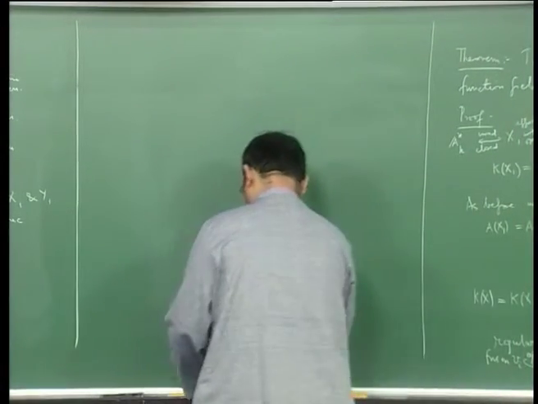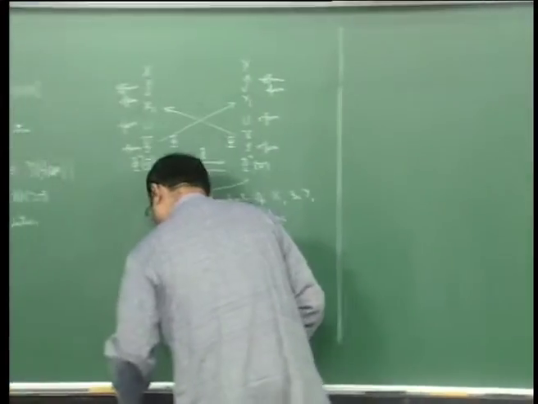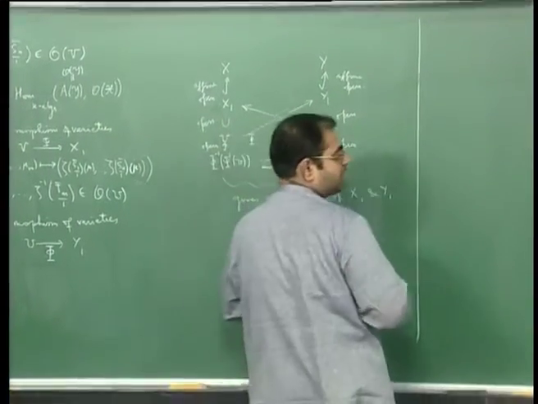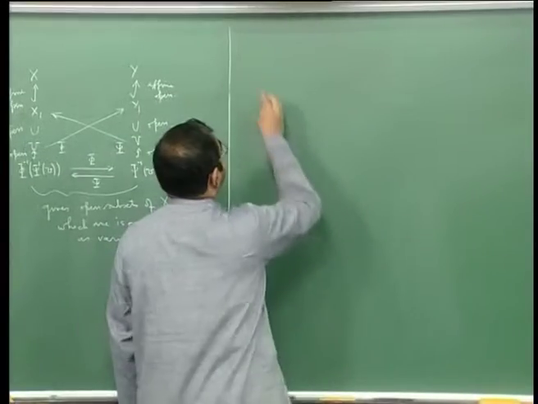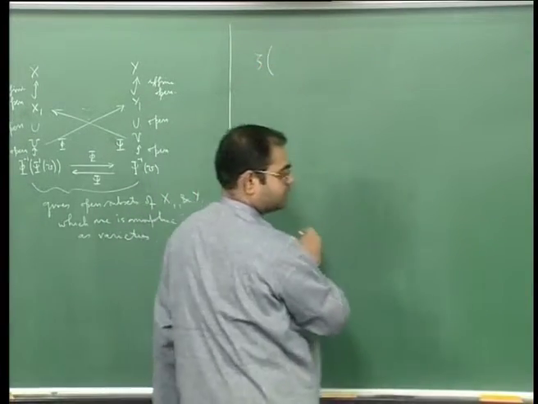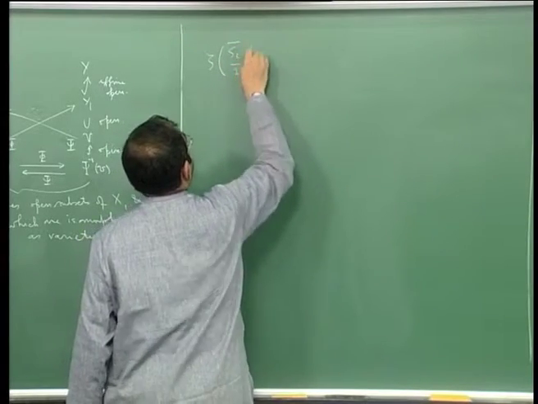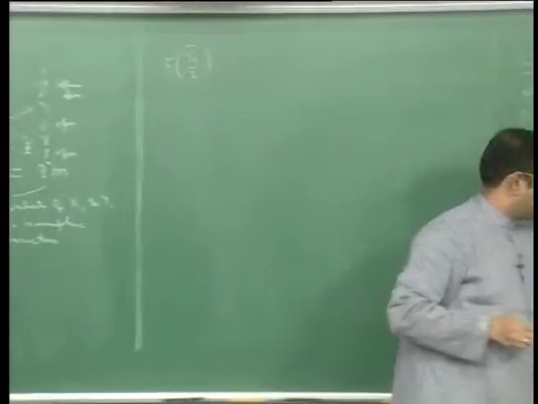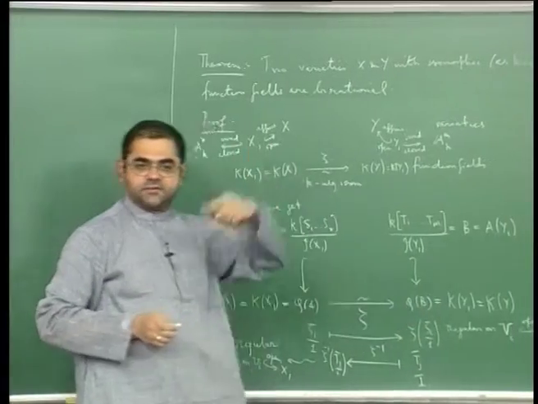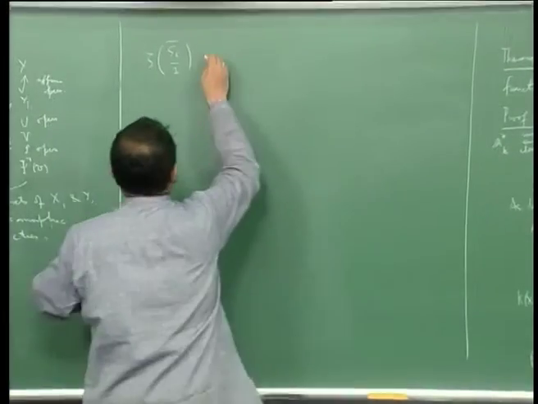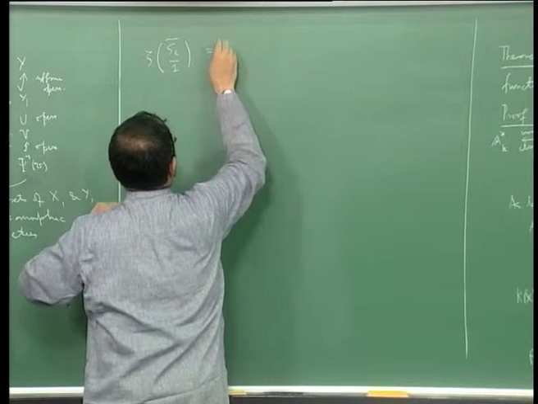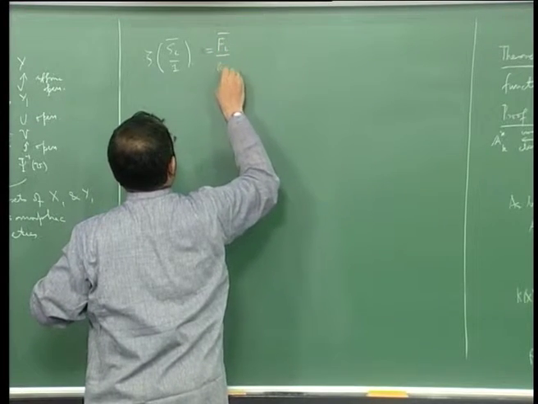you just have to take zeta of Si bar by 1. This is an element in the quotient field of B, so it's a fraction, some Fi bar by Gi bar.